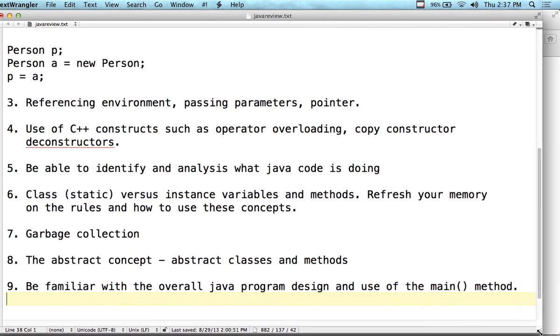You know you can't have multiple mains. You can only have one main. If you put mains in every single one of your classes, which main do you want? Which program are you running? You can only run one main at a time. Main is the driver program.